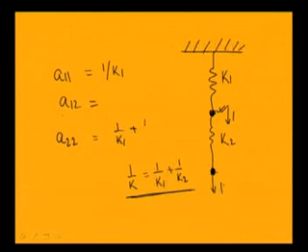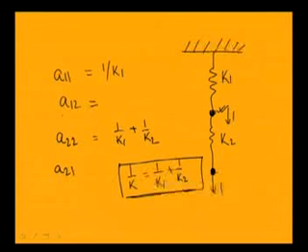And we have to find A12 and A21. When a unit force is applied at position 1, the displacement is 1 by K1, and as you are not applying any force at the other position, that point will have a rigid body motion. This rigid body motion will be equal to the displacement at position 1. So A21, the displacement at 2 with a unit force at 1, becomes the same as A11, equal to 1 by K1.